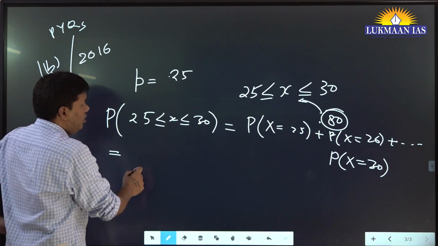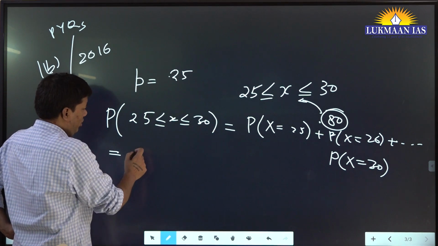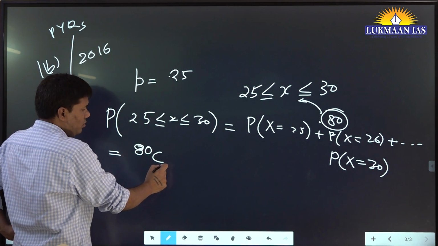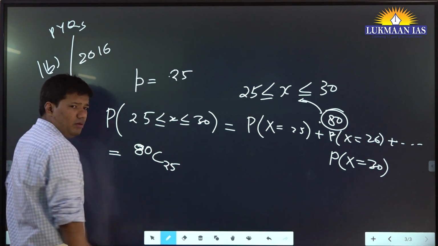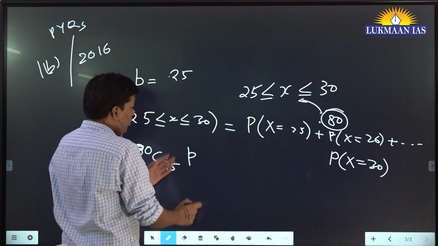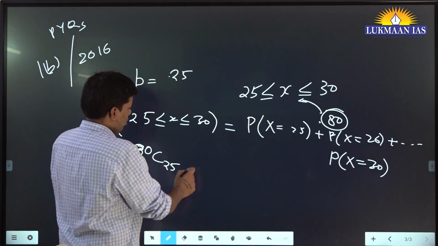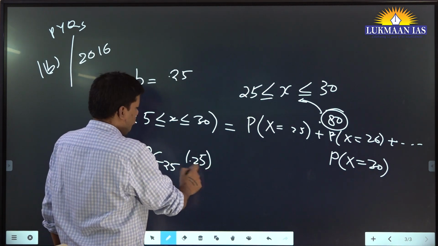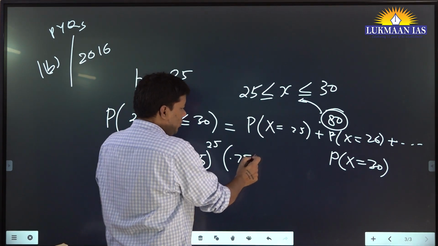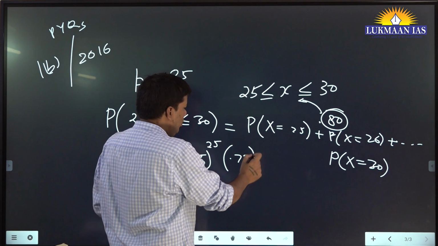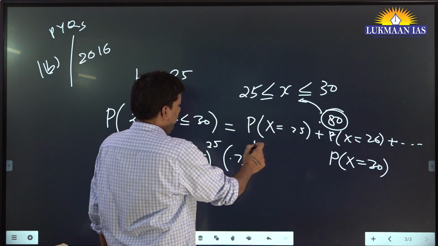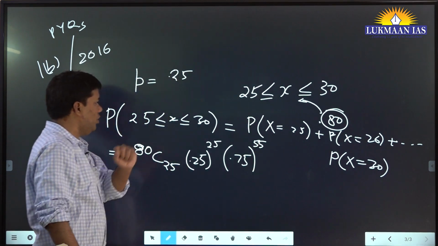Tell me, what will be the probability of X is equal to 25? Out of 80, you are looking for 25 successes. The probability of success would be p, and p would be 0.25. So 80 C 25, p power 25 into 0.75, that is 1 minus p, power 55, right? 80 minus 25 is 55.